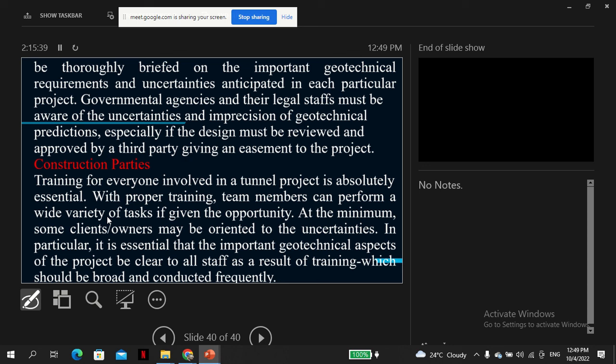With proper training, team members can perform a wide variety of tasks if given the opportunity. At the minimum, some clients and owners may be oriented to the uncertainties. In particular, it is essential that the important geotechnical aspects of the project be clear to all staff, as a result of training, which should be broad and conducted frequently.